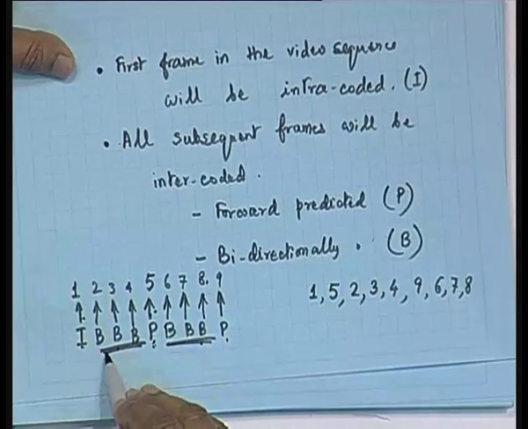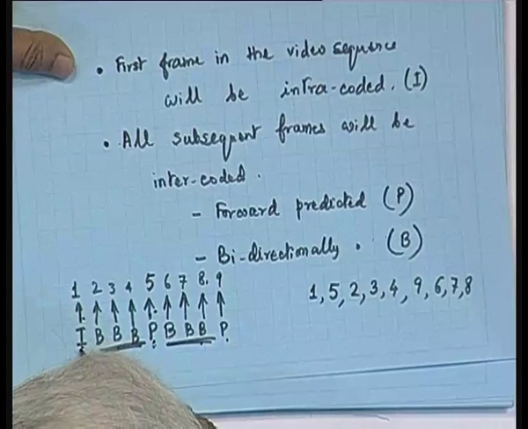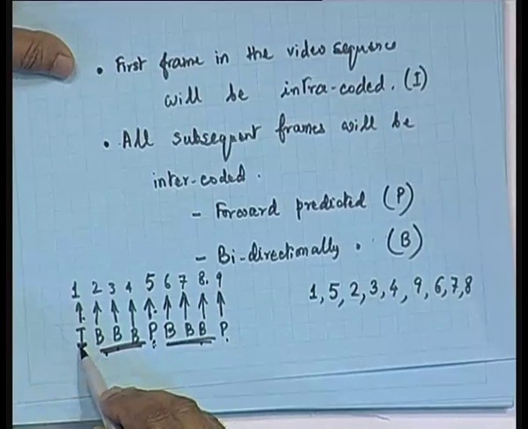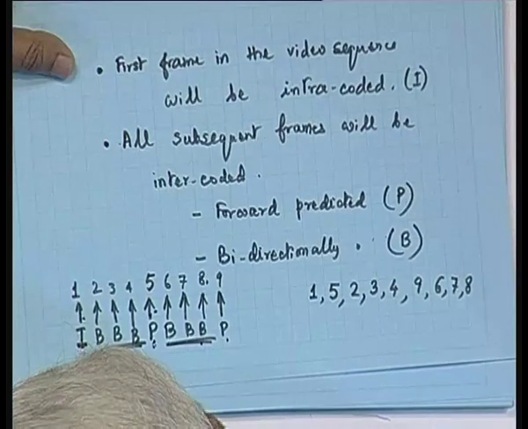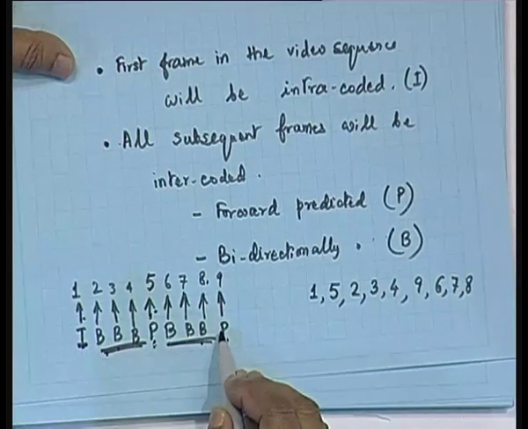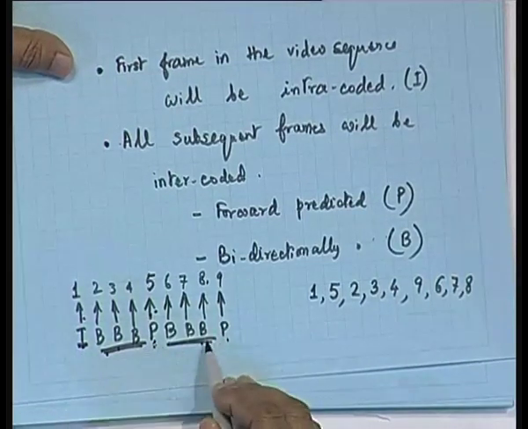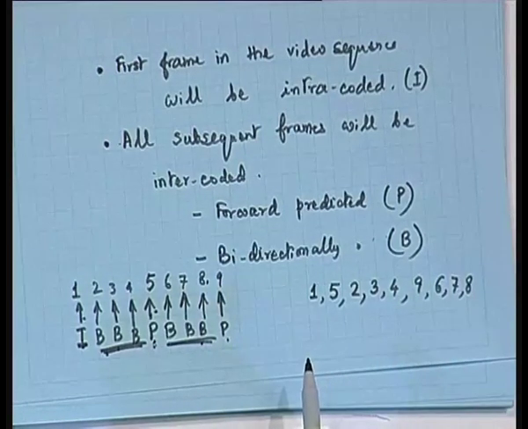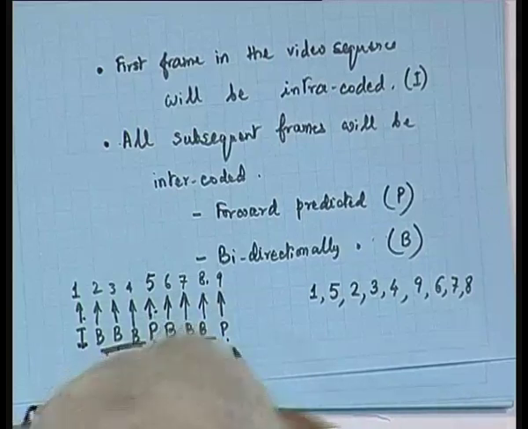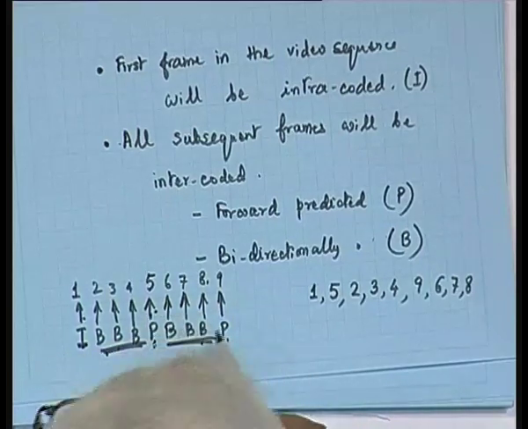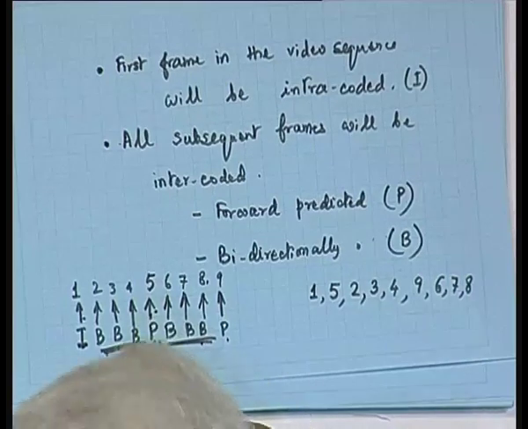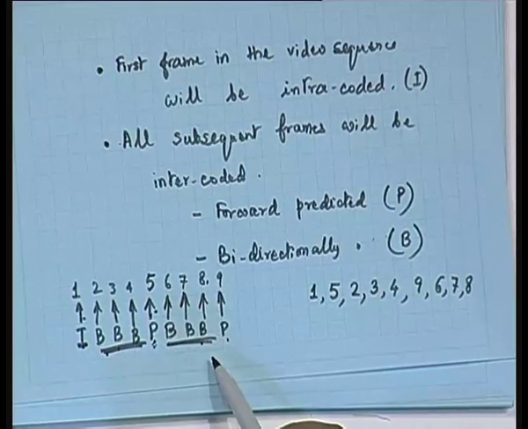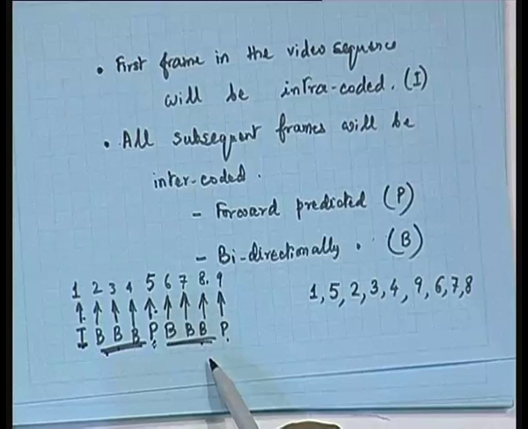Definitely these 3 B's. Why am I telling this? Because here this is the I frame, so this is without any prediction error. Now, when I am predicting frame number 9, by now I have accumulated some amount of prediction error. So, the sanctity of my reference has degraded, and if my reference itself does not have the proper sanctity, then the in-between sandwiched frame that I am generating by treating frame number 5 and 9 as reference will also have some amount of error.